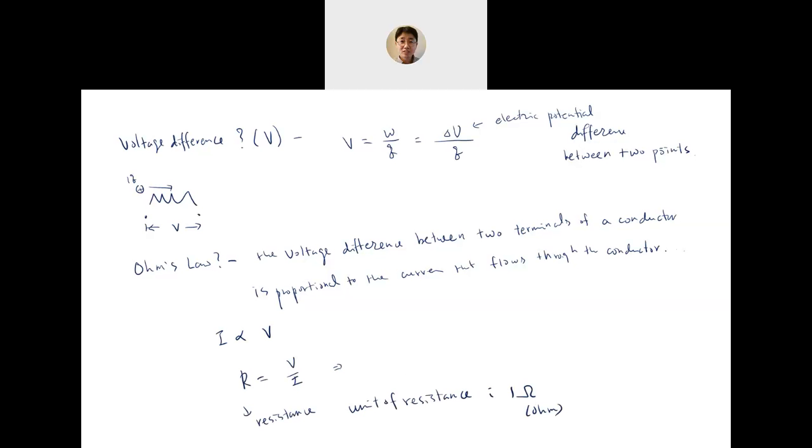Ohm is the name of a French physicist, and the unit of resistance is the ohm. Then we can write V, the voltage, equals current times resistance. This is the statement we have to check through this experiment.